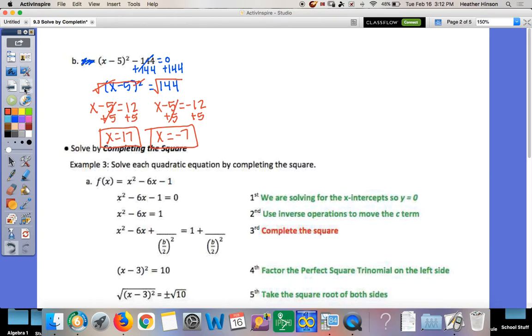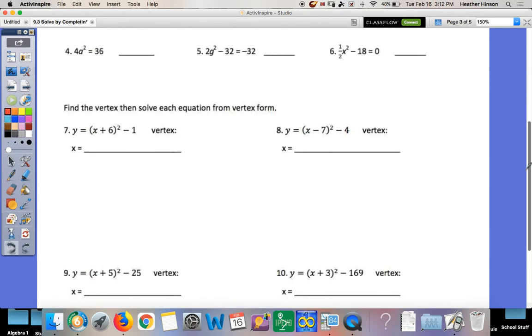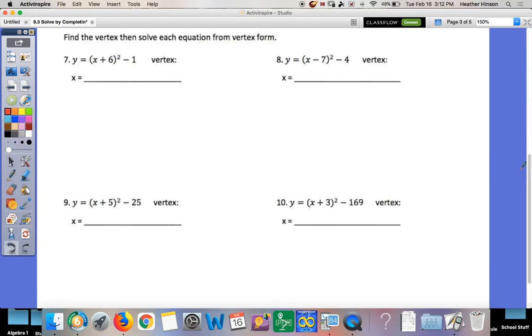I'll try one from your practice, just to make sure we're comfortable. So number 7. For number 7, we're going to set it equal to 0, and we want to move our 1 over. How do we move our 1 over? We add it.